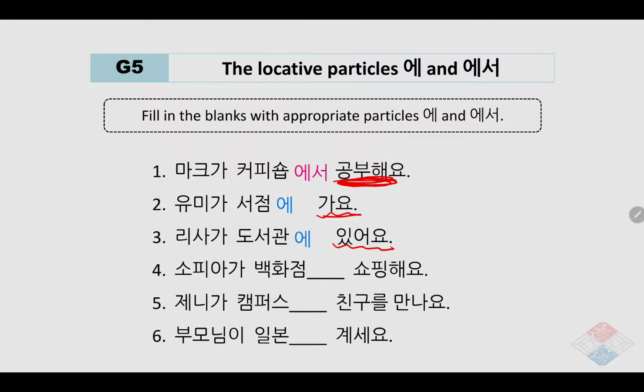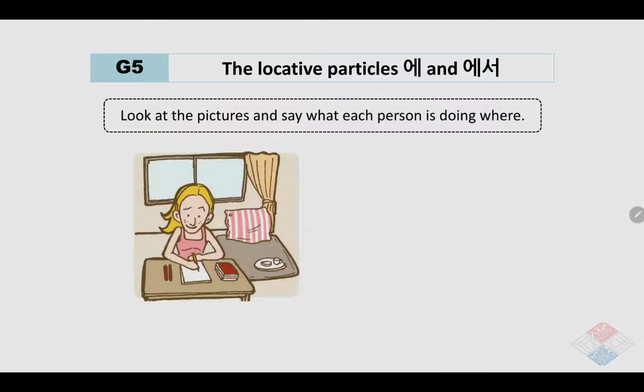It's static, so 에. 소피아가 백화점에서 쇼핑해요. Shopping is dynamic, so 에서. 제니가 캠퍼스에서 친구를 만나요. Very dynamic, so 에서. 부모님이 일본에 계세요. 계세요 is the honorific for 있다, right? So 에. 좋아요.